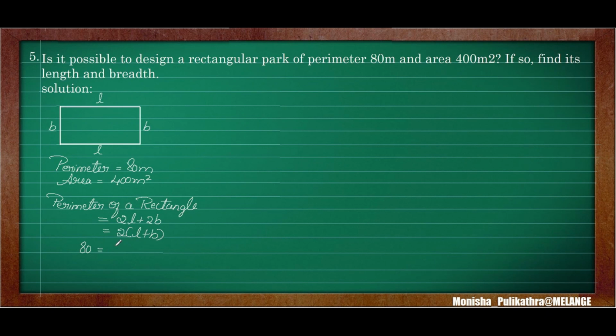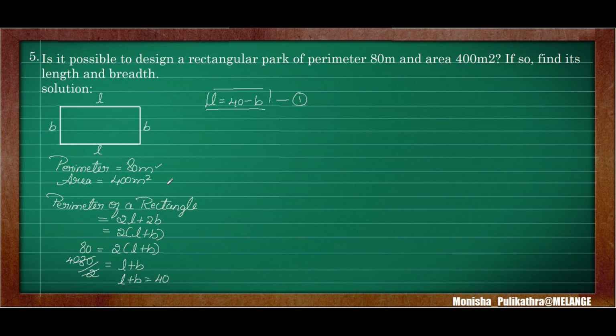Therefore 80 is equal to 2 into L plus B. So 80 divided by 2 is equal to L plus B, so 2 40s are 80. Therefore L plus B is equal to 40. We can take the equation for either L or B. So I will be taking it for L, that is L is equal to 40 minus B. Let this be equation number 1.